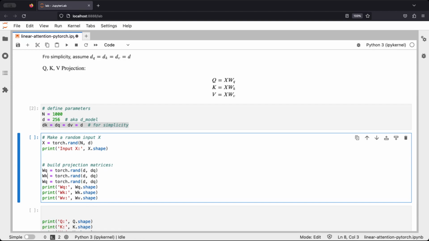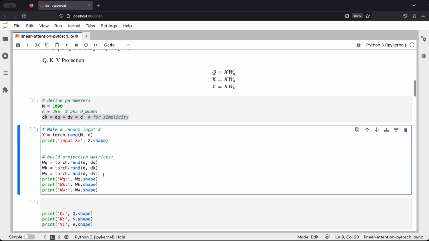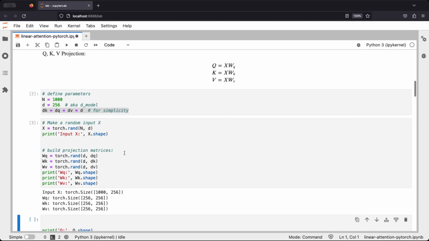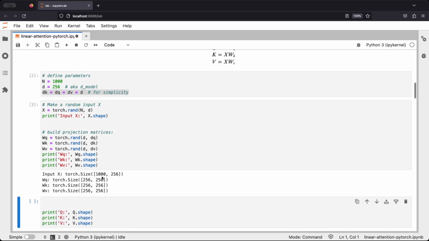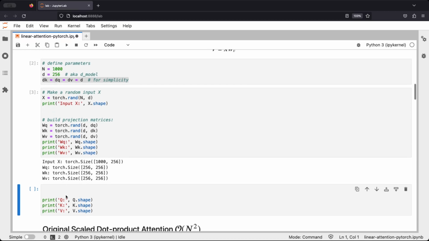We do the same thing for WK and WV, and then we print their shapes. So X is 1000 by 256, that is n by D, and these are D by dk, D by dq, and D by dv.